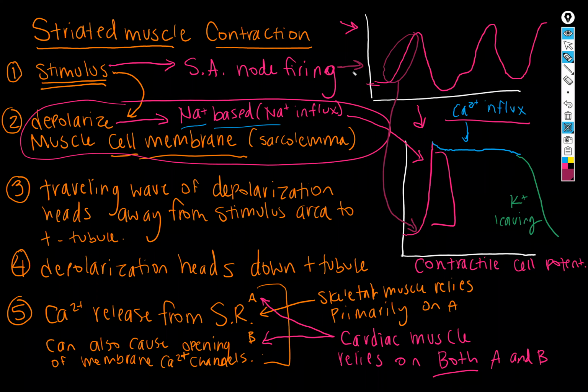The reason, so think about what this means right here. If I see this line going up, what that means is sodium is entering the pacemaker cell, right? Because all these charts are just lines that represent ion movement.